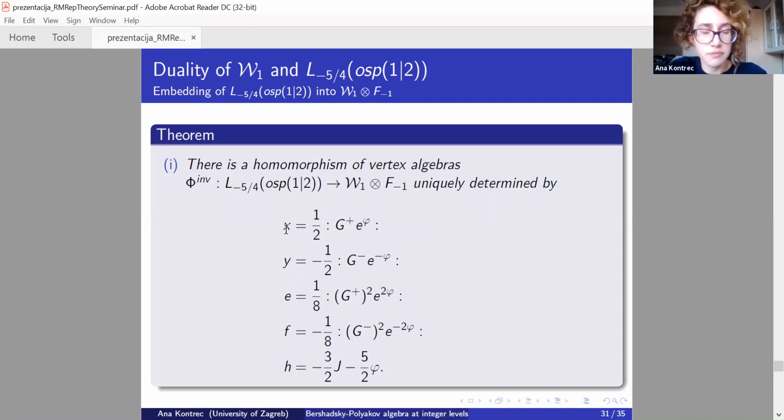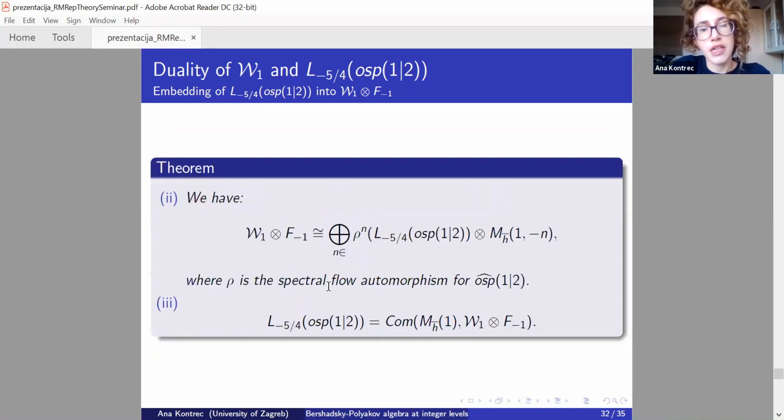Again, we explicitly define the generators, and we have these properties of modules, so that W1 tensor F minus 1 is isomorphic to the direct sum of the action of the spectral flow automorphism for OSP at level minus 5/4 tensor the Heisenberg vertex algebra.